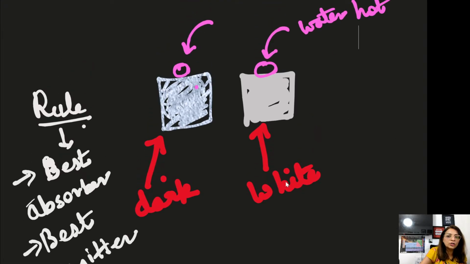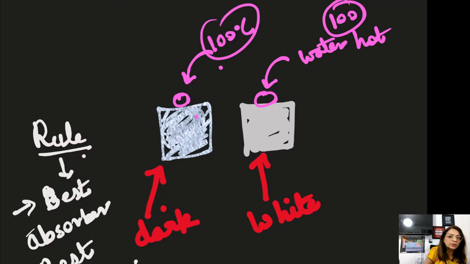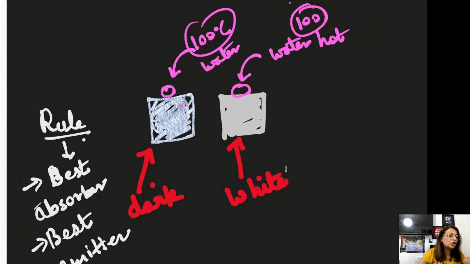Water, hot, like 100 degrees Celsius. Okay, now type in the chat for me. Who is going to emit the most radiation? A dark colored object or the light colored object?